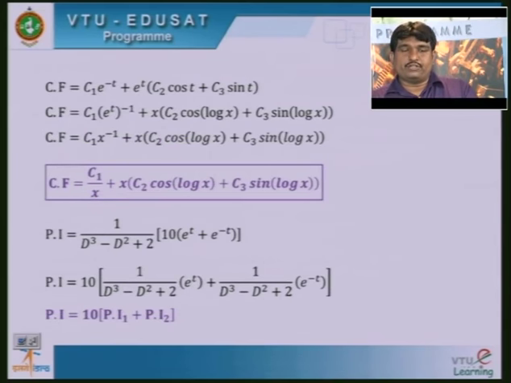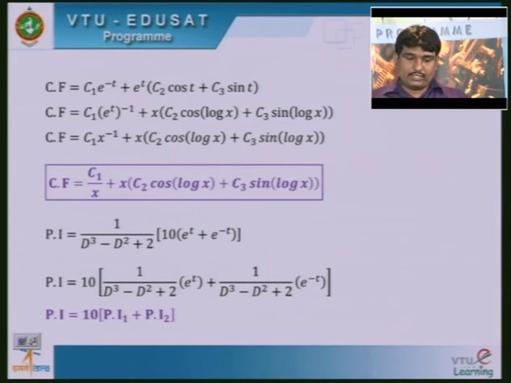Now complementary function: the first term is the part of CF corresponding to the real root minus 1, it is C1 e to the power of minus t. The other part corresponds to complex roots 1 plus or minus i, real part is 1, imaginary part is 1. So e to the power of t into C2 cos t plus C3 sin t.